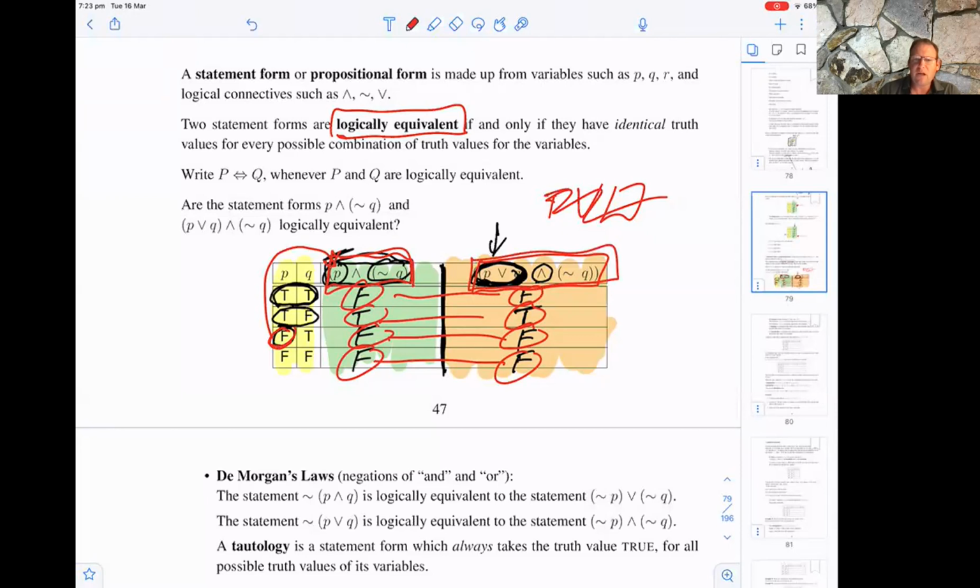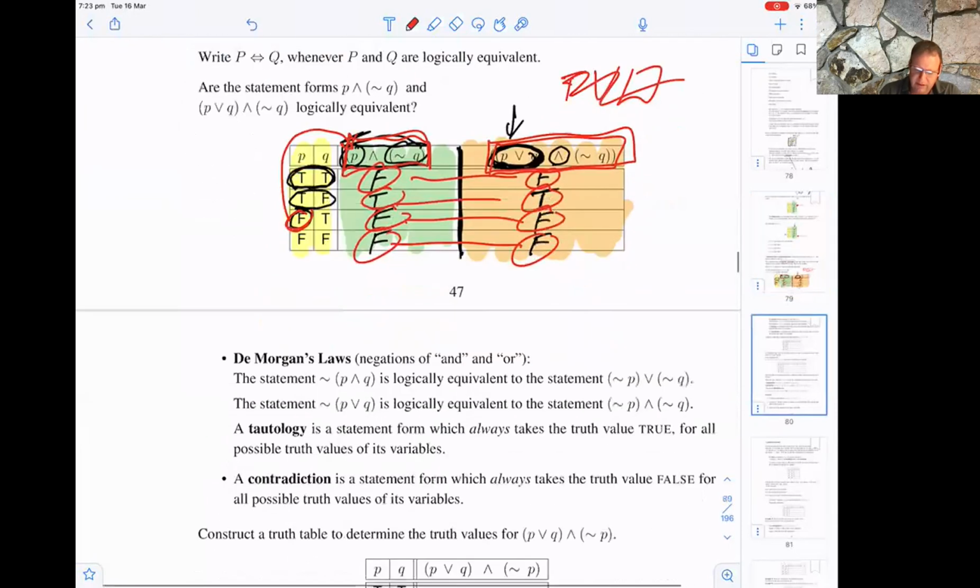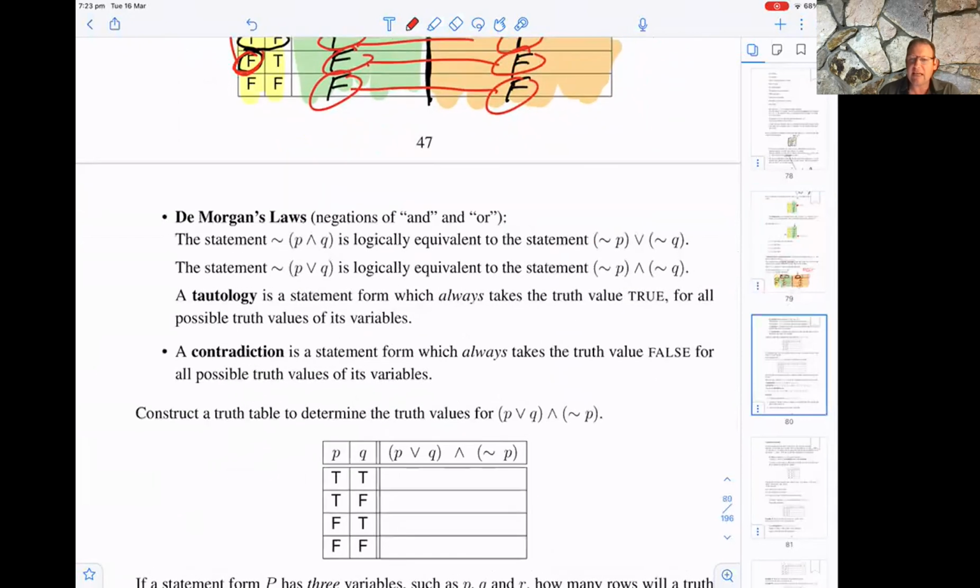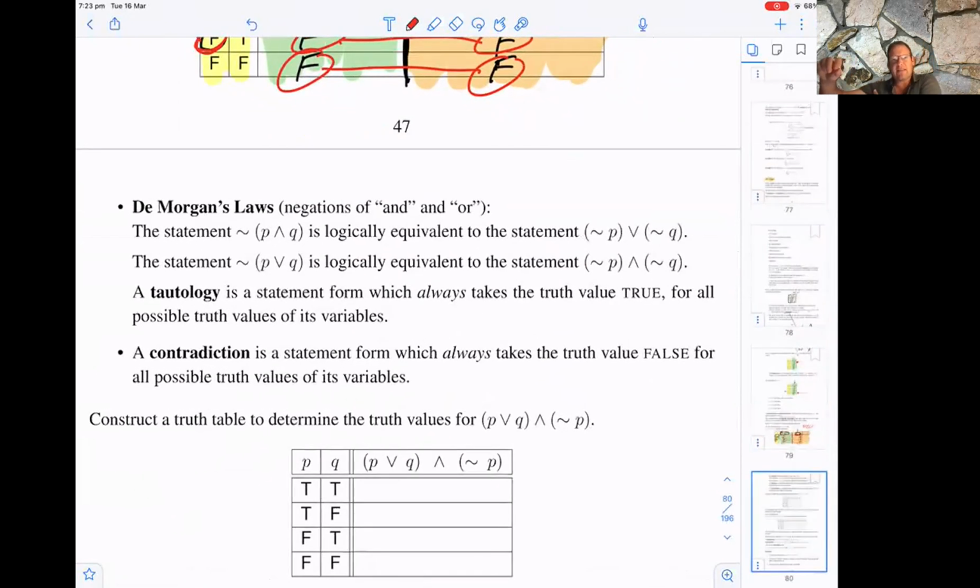One such example of logical equivalence, which you've already seen in the world of sets, is De Morgan's law. You could try this in a computer program, by the way.